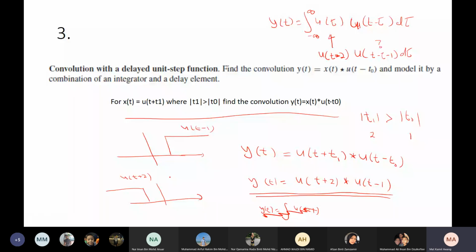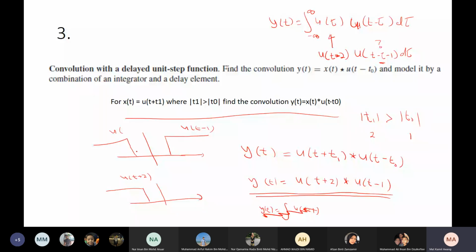In this case, if this is the equation, I flip this one. I flip this one. So it becomes like here, somewhere here.